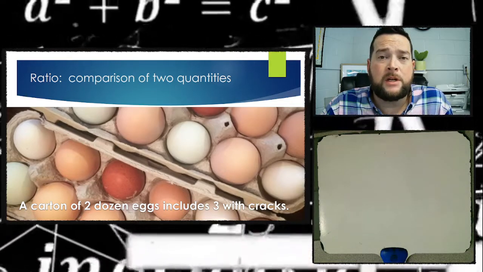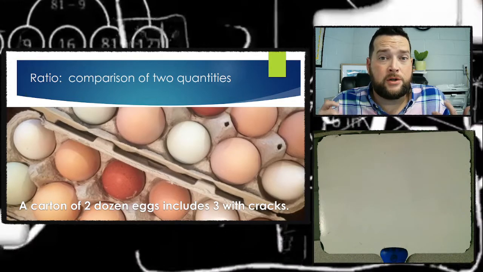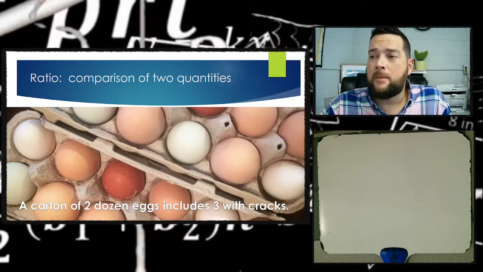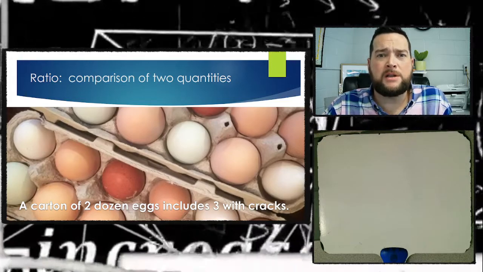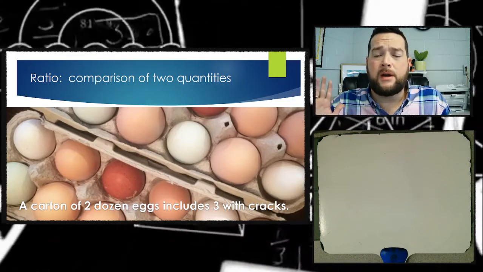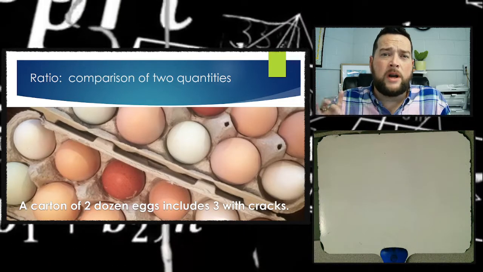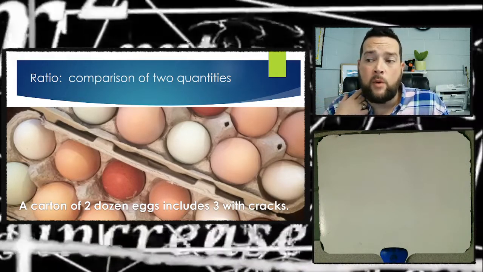We use them in coordination with proportion, which is just two ratios that are equivalent to each other, two equal ratios. But first of all, we just have to understand what a ratio is, and that's just a comparison of two numbers. You see ratios everywhere in your world, in so many different places and a lot of different varieties. There's not just one kind of ratio, there's a bunch of different ratios, and you see them just about everywhere.